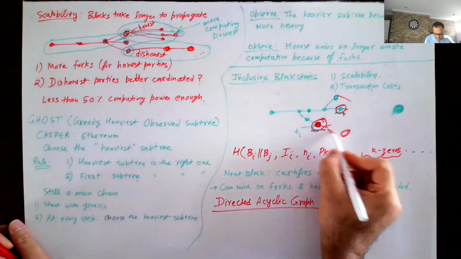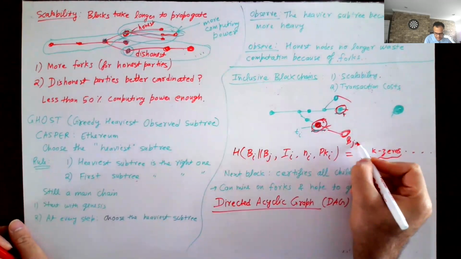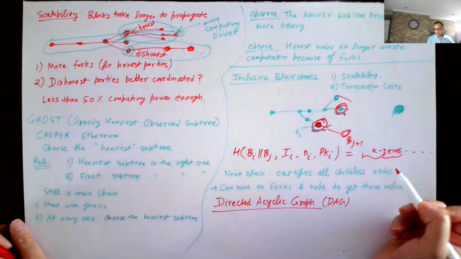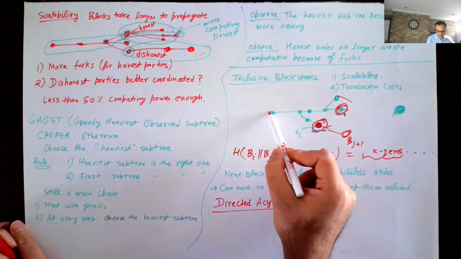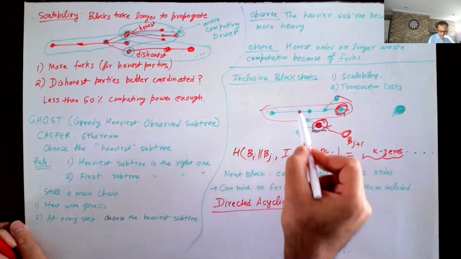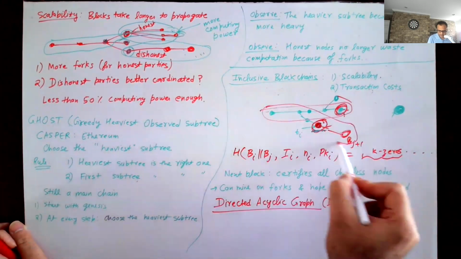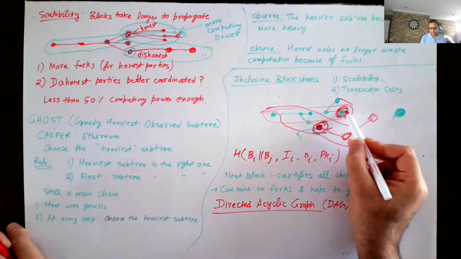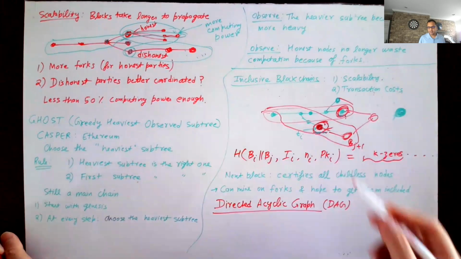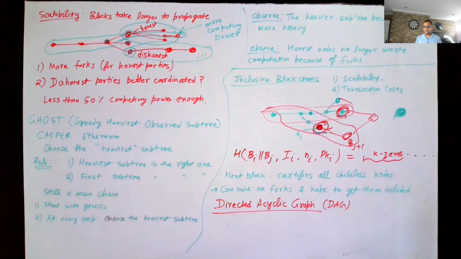So here's the block BJ plus one, and this is the main chain. That automatically means that this chain is longer than this chain. And now both of them are extended by one. So the main chain still remains the main chain. Okay, all right, yeah, that makes sense.